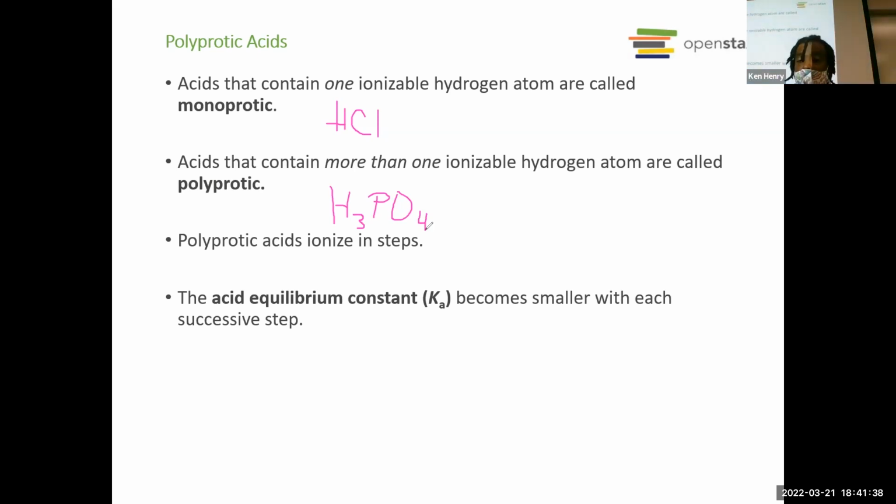So in reality, what happens is that when an acid is polyprotic, it's going to ionize in steps.